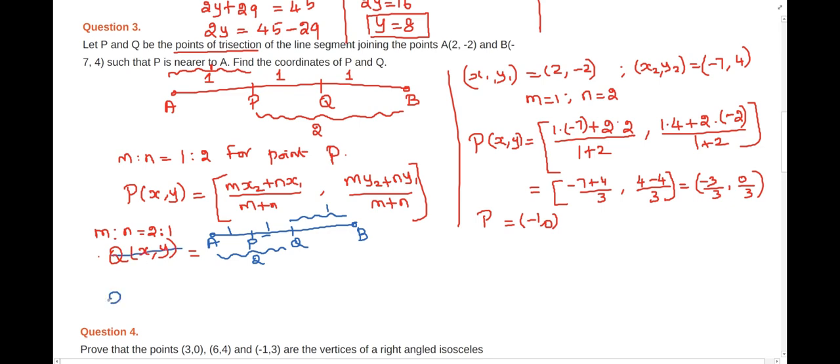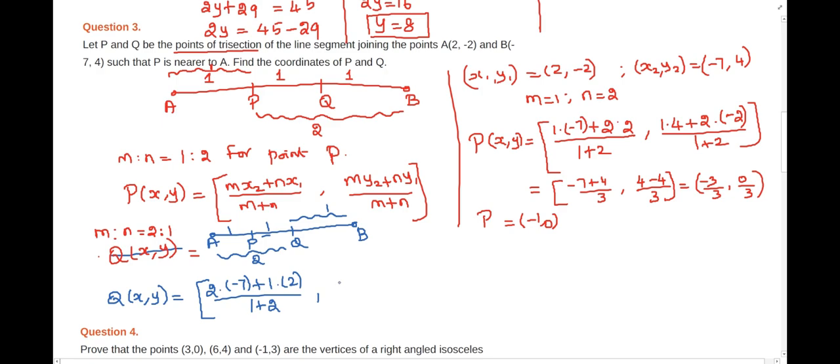So now Q of x comma y is mx2 plus nx1. Apply the same formula. So m is 2 into x2, which is minus 7, plus nx1, n is 1 into x1, which is 2, by 1 plus 2.